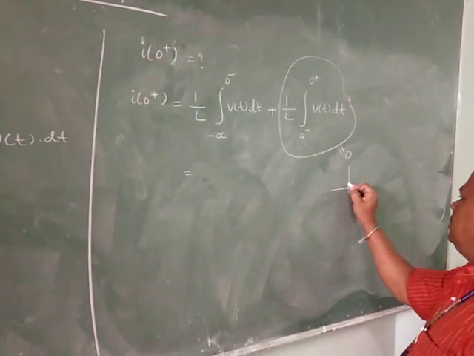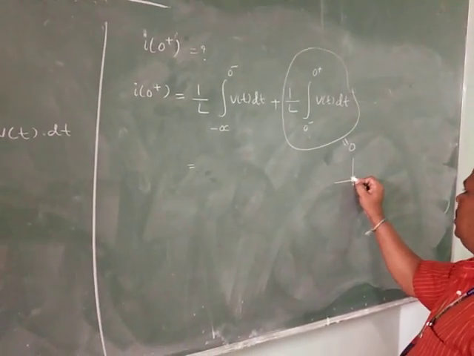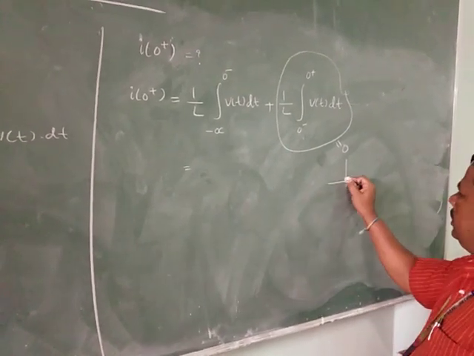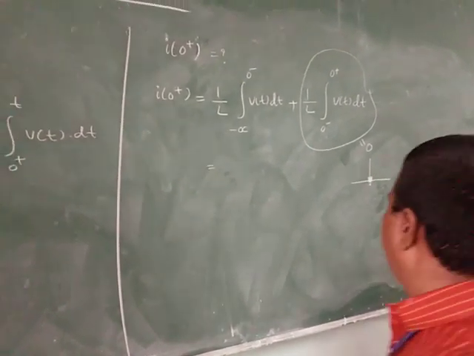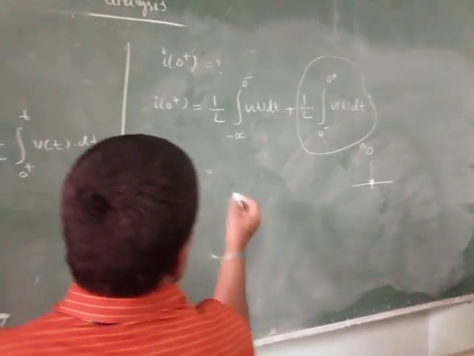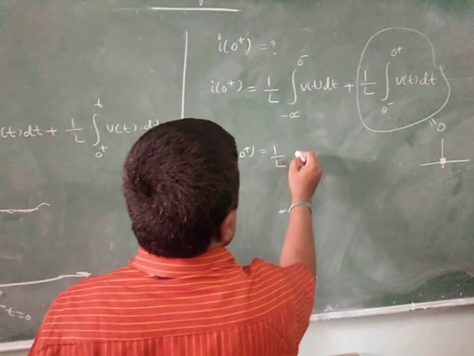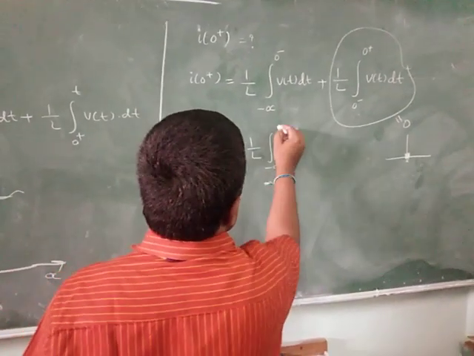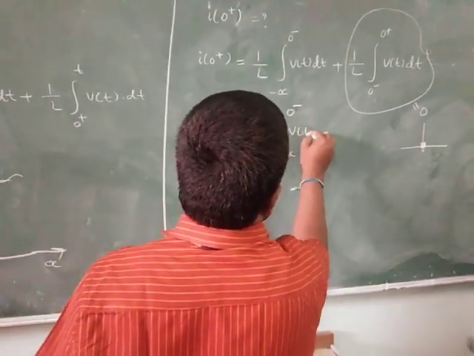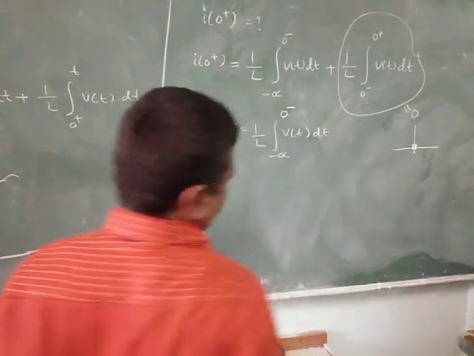Here it is a constant, and the area of a constant over this interval is equal to 0. Now I of 0 plus is equal to 1 by L integral minus infinity to 0 minus v of t dt.